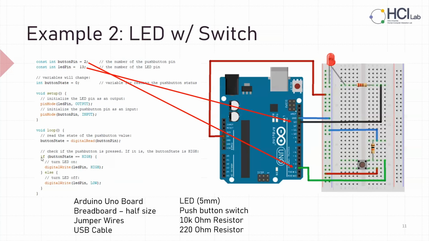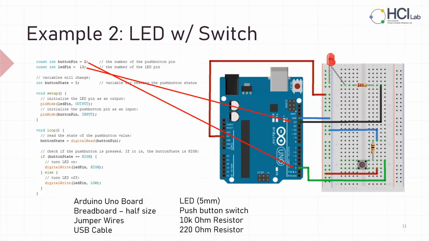So if the button state is high, then using the digitalWrite function, we set our LED pin to high voltage. And in the other case, our LED pin is set to low voltage.